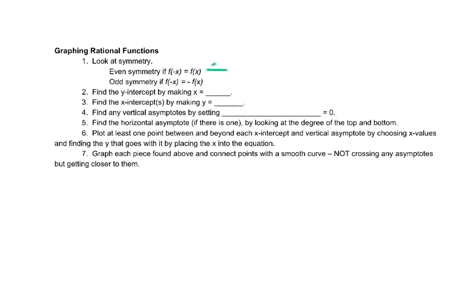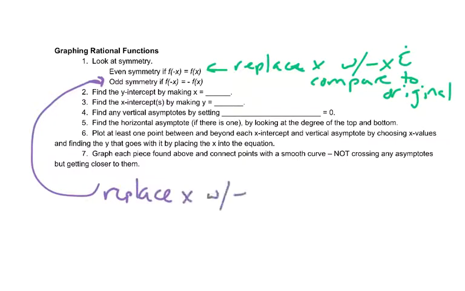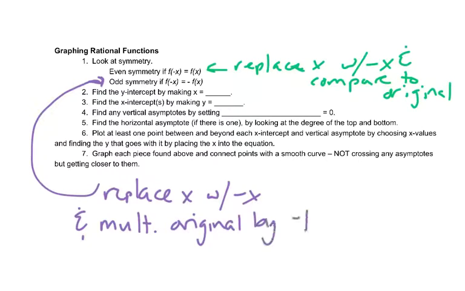But for even symmetry, we replace x with negative x and compare to the original. For odd symmetry, we replace x with negative x and multiply the original by -1.